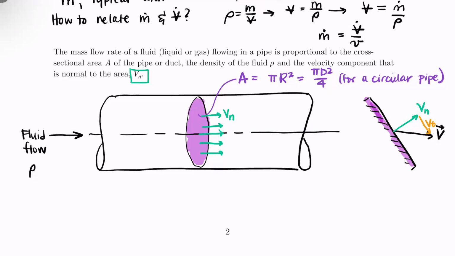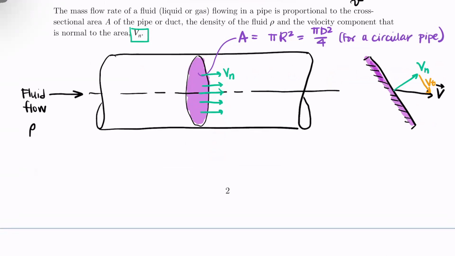Using this setup, our definition for mass flow rate is equal to the integral over the area of rho Vn dA. Vn is our normal component to that cross-sectional area, and dA is a little differential element of our area.